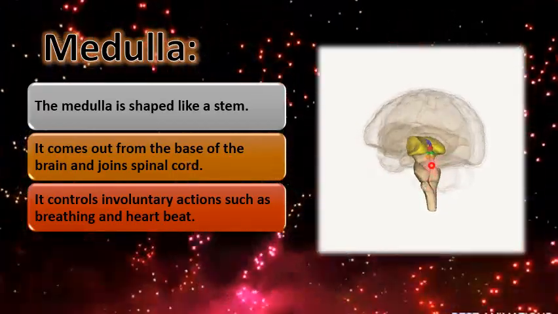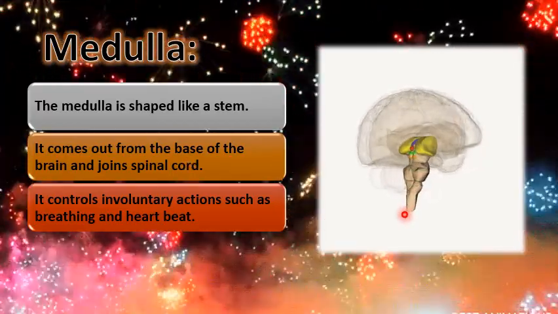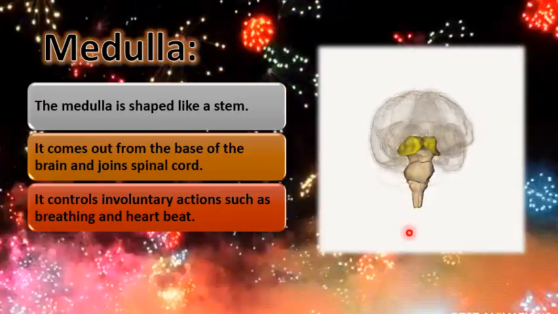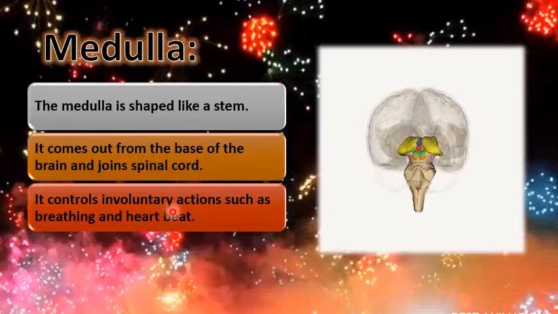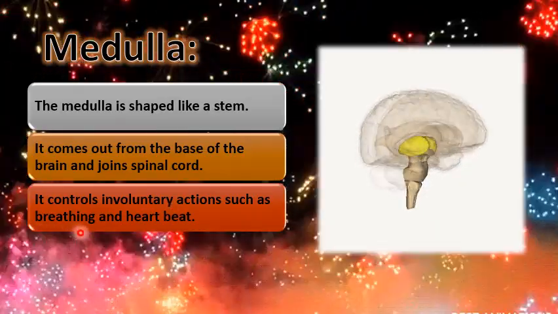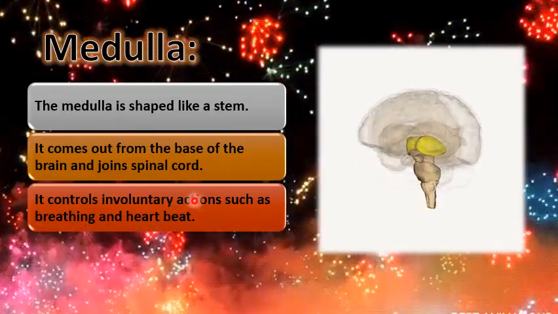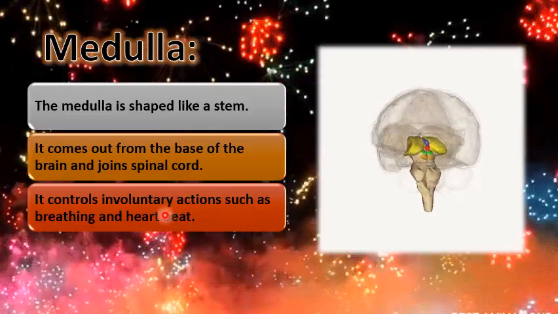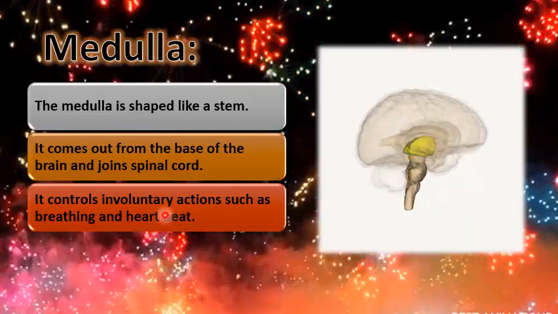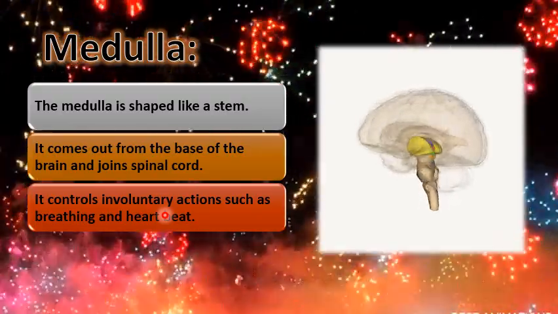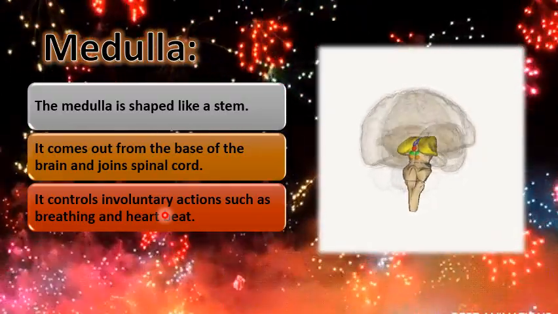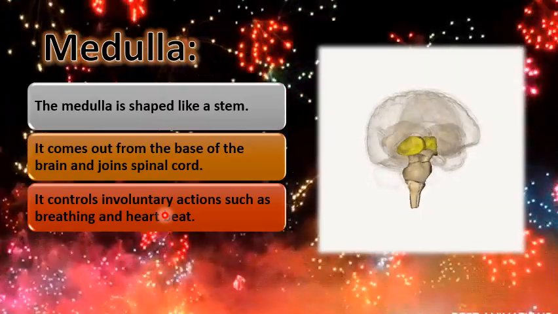It controls involuntary actions such as breathing, heartbeat, and the digestive system. You know that there is a movement in the digestive system as well. These kinds of actions which are automatic, which are involuntary, are controlled by the medulla.